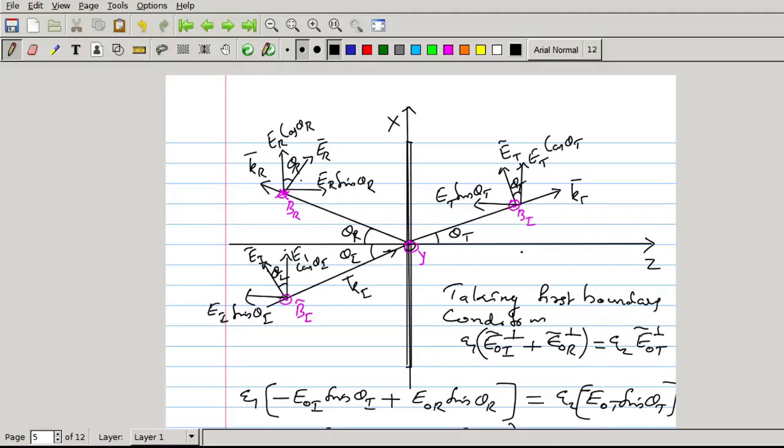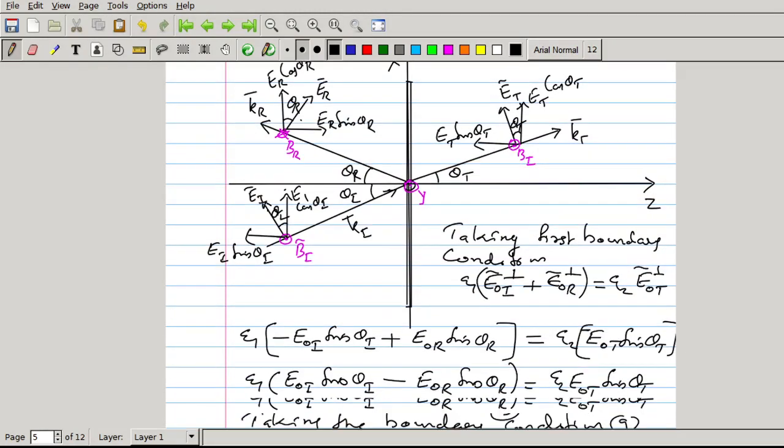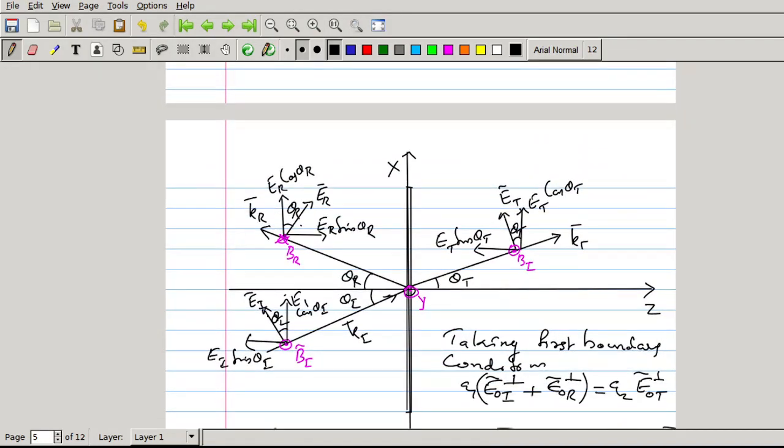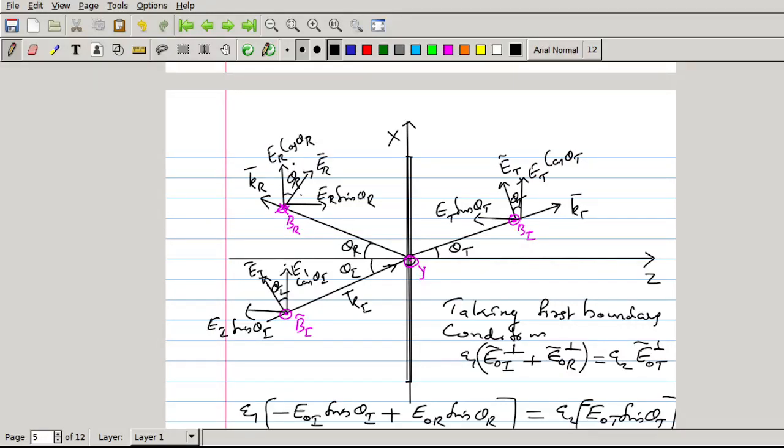So I will be writing E0I cos theta I. This is along the positive x direction, that's why the plus sign is given. Plus E0R cos theta R, that also is along the positive x direction, so positive sign. The transmitted wave is also along the positive x direction.